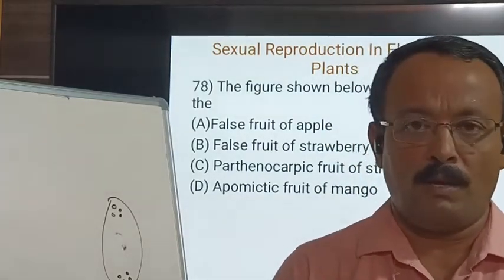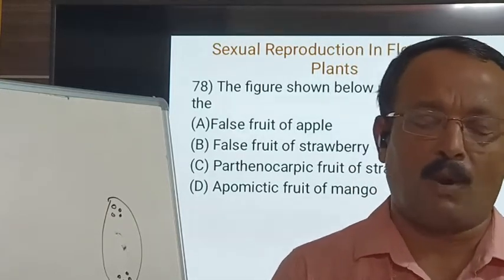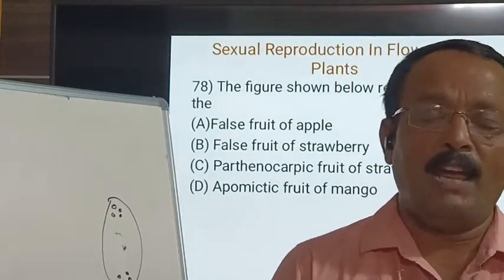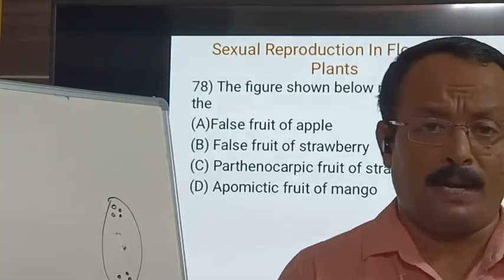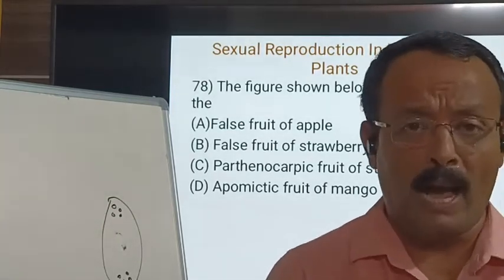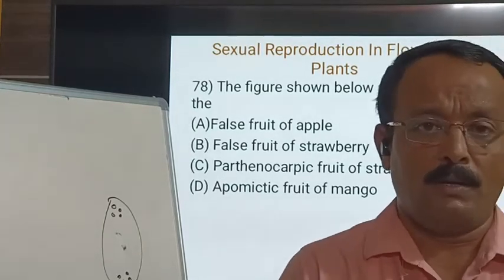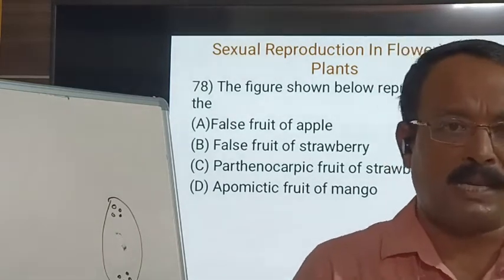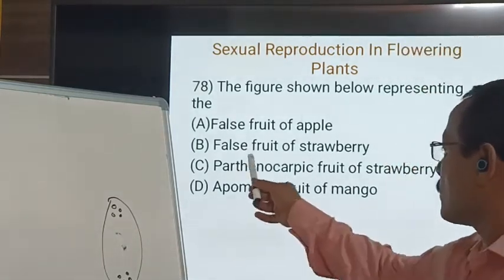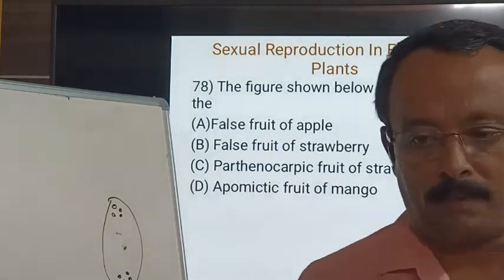Those fruits which develop from the ovary after fertilization, we call them true fruits. If the fruits develop from any part other than the ovary, as in apple, where the thalamus is the edible part, it is a fruit. Such fruits which develop from the thalamus or another part are called false fruits. So here, you have to go through the diagram in the textbook, there is strawberry.